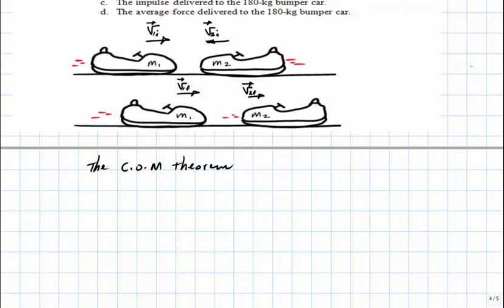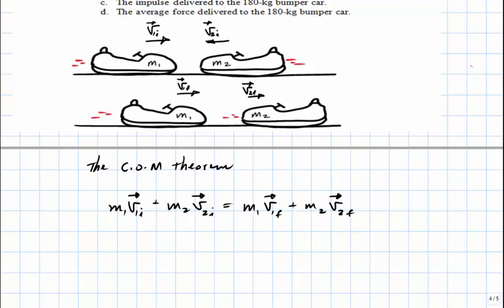The conservation of momentum theorem tells us that if we add M1 times V1 initial to M2 times V2 initial, that will result in M1 V1 final plus M2 V2 final.